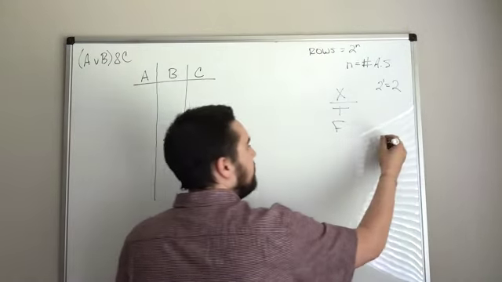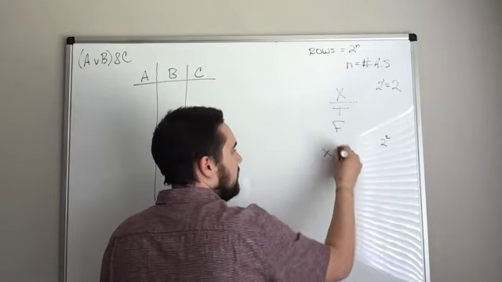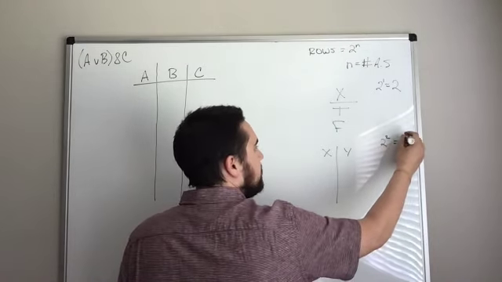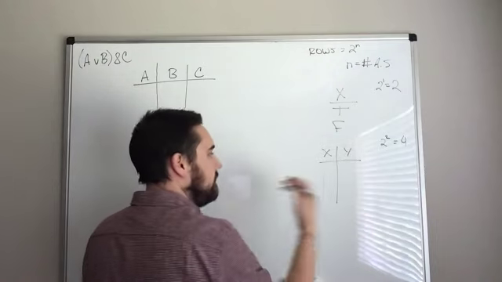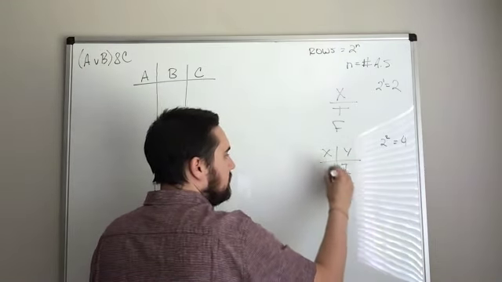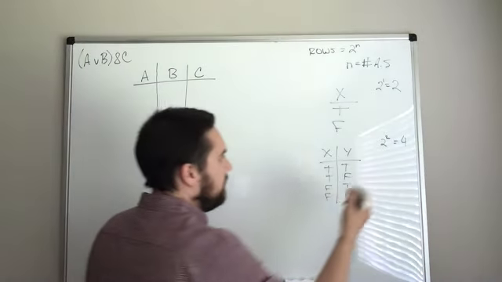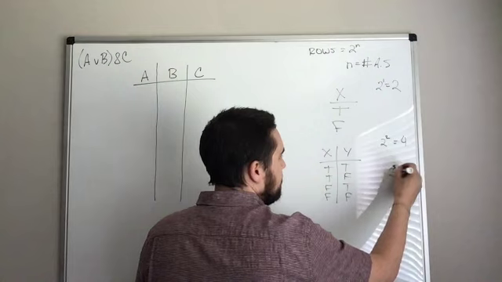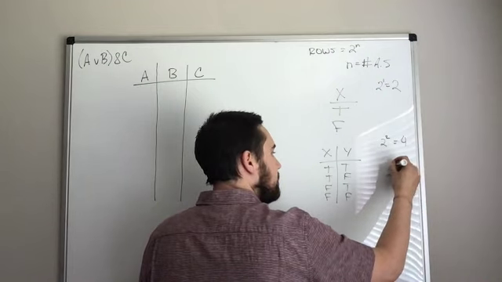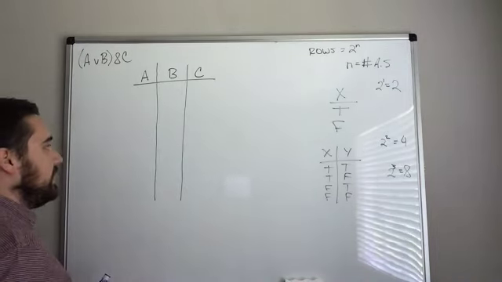If you have 2 atomic sentences, x and y, 2 to the second equals 4, then you're going to have 4 rows, right? True, false, true, false, true, true, false, false. Now if you have 3 atomic sentences, again, sorry, I'm sure this is pretty elementary, then you'll have 8 rows, which is precisely what we're going to get here.